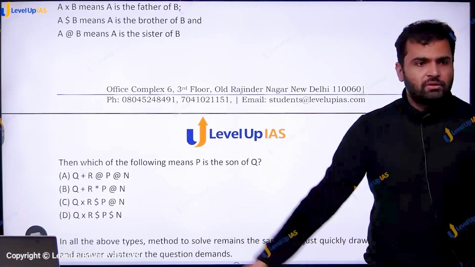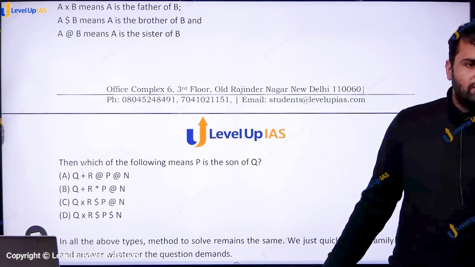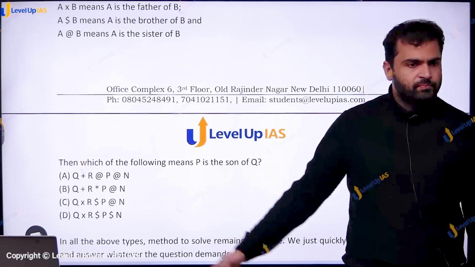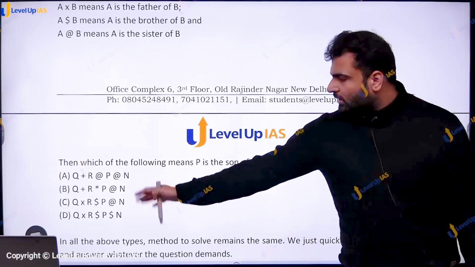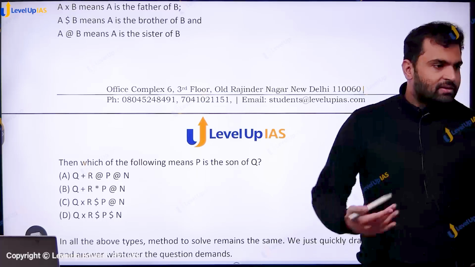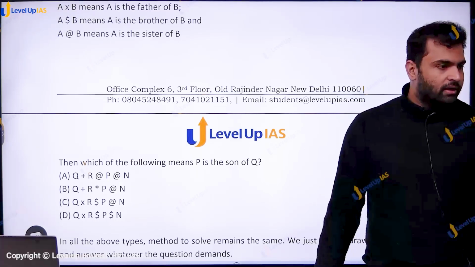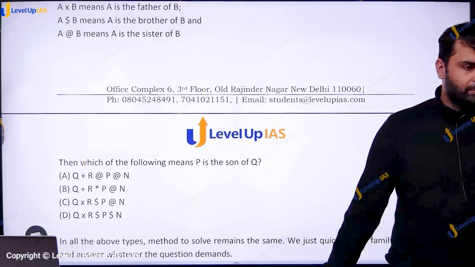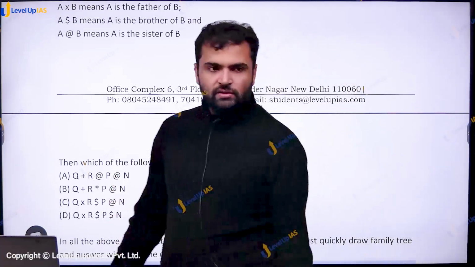Even if you eliminate one or two options, you can draw the rest of the family trees and get the answer. But try to draw the family trees here. Try to draw all of them. This just helps open up the mind so it gets quicker. See if you are able to.